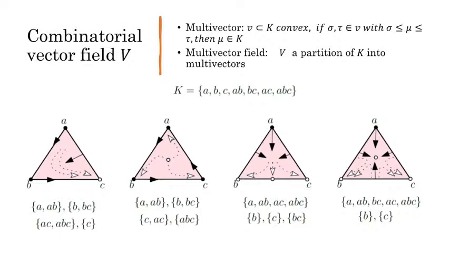This one is also another multivector field with four vectors. What I did: one vector has this vertex, two edges, and the triangle. The other three are B, C, the two vertices, and the edge by itself. In this case, think about what is happening with these integral lines: all these things are flowing, one part is going to this attractor, another part is going to this attractor.